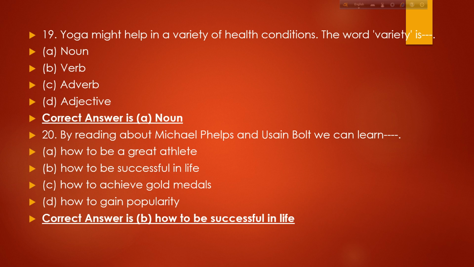Whatever profession you have taken, we can learn how to be successful from reading about Michael Phelps and Usain Bolt, the two great athletes. So these are all the questions of your quiz, and I have given you the solution here.